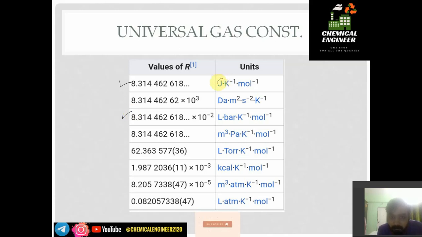If you know how to convert joule into liter bar, then you can do it. 1 joule equals 10 raised to minus 2 liter bar. And 1 liter equals how many meter cube? 1 liter equals 10 raised to minus 3 meter cube, and 1 bar equals how many pascal?